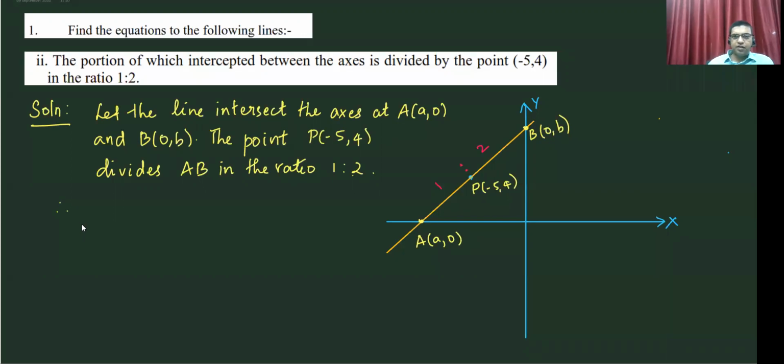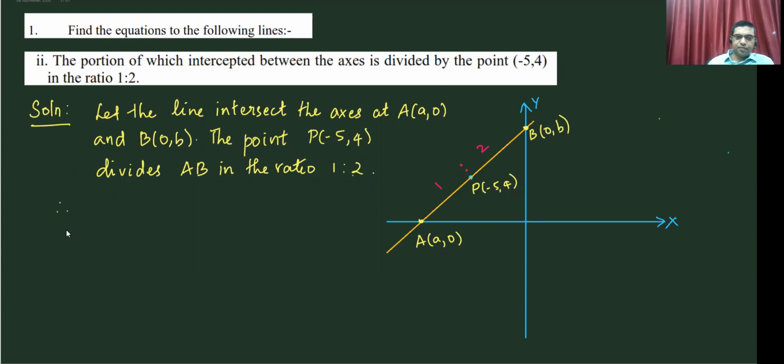We can do it other ways also, but right now through section formula. Distance formula will be very difficult to apply. Section formula only is the easiest because it is given that it is dividing in this ratio.